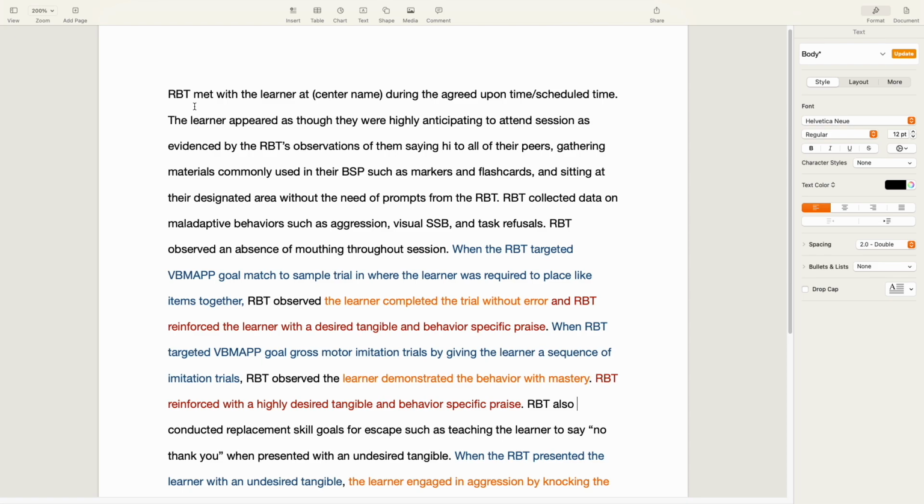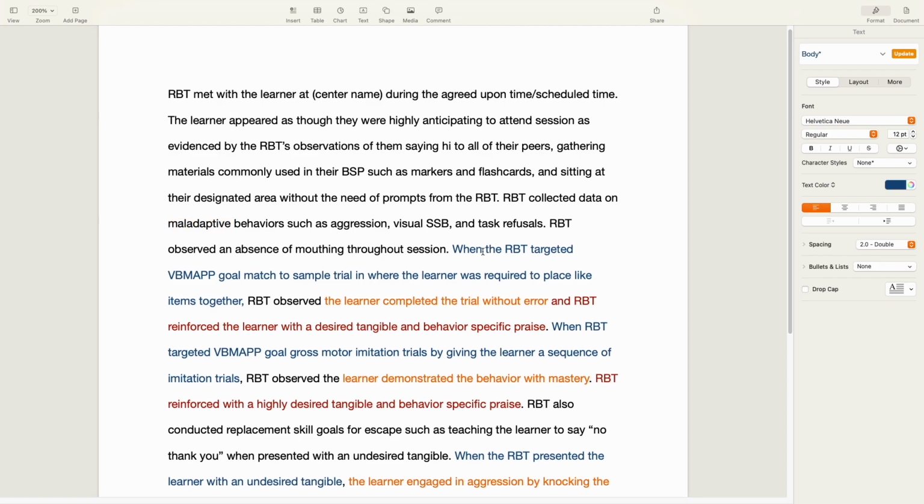Then you're going to describe your learner's clinical appearance, with emphasis on the word describe, okay? Afterwards, you're going to write the behaviors you tracked during session, which, when I say behaviors, I mean the challenging behaviors or maladaptive behaviors.